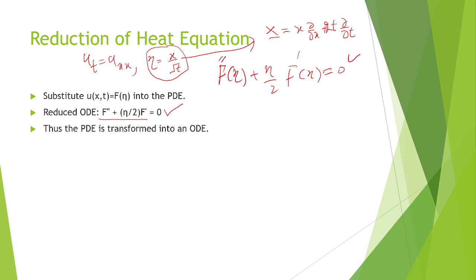We will use this generator in the characteristic equation to get this similarity variable and convert this PDE into an ODE. And we promised in the beginning that a symmetry generator will give us a transformation which will reduce the PDE into an ODE.